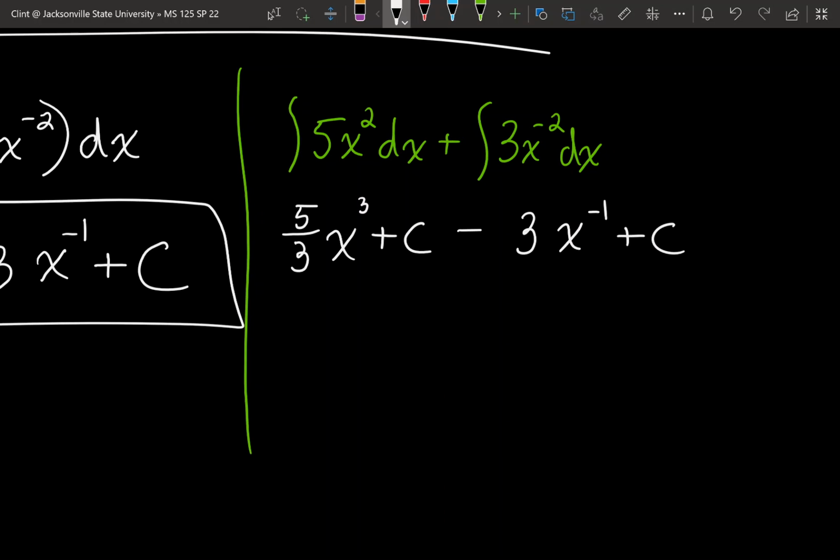Okay, and the idea here is that if we combine those, we would have c plus c. So that would be plus 2c. And since c is completely arbitrary, it can be any constant value we want to, then multiplying it by 2 still means it's still an arbitrary constant.